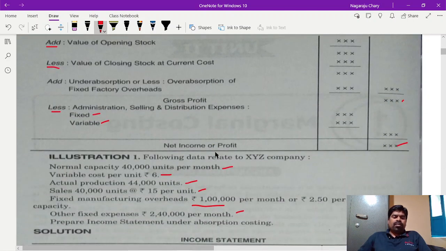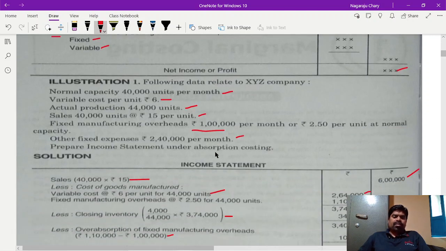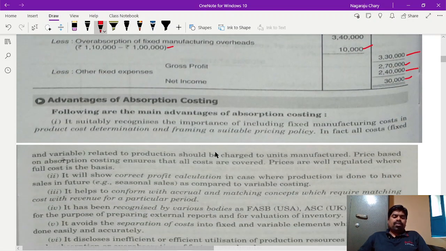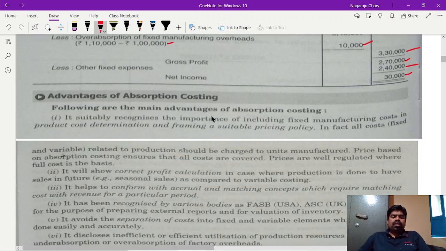Of course, ultimately we can get gross profit and net profit, but the problem is there is no deviation. Sometimes one expenditure may be more, one may be less. Whenever we compare variable cost with fixed cost, variable cost is sometimes less and sometimes more. So it is not a suggestible method.